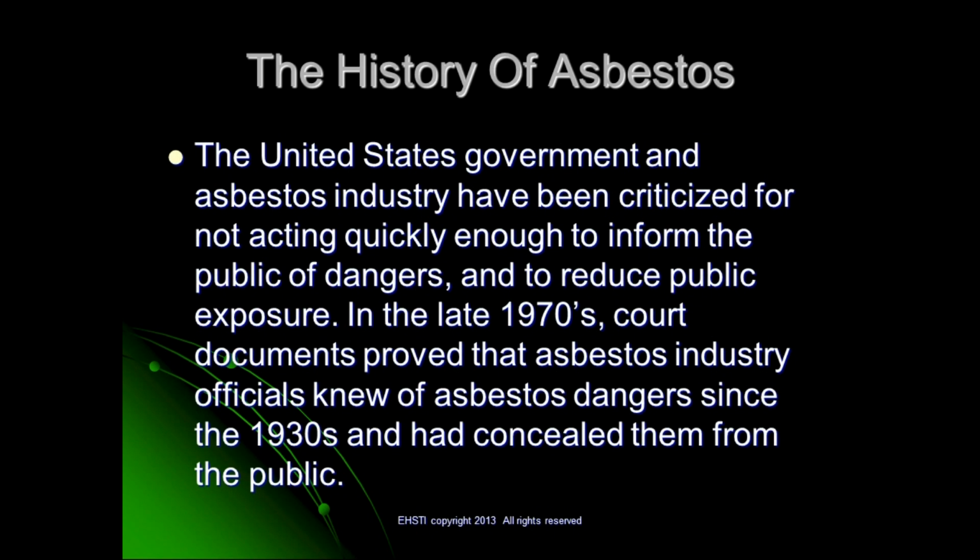The United States government and asbestos industry have been criticized for not acting quickly enough to inform the public of dangers and to reduce public exposure. In the late 1970s, court documents proved that asbestos industry officials knew of asbestos dangers since the 1930s and had concealed them from the public.